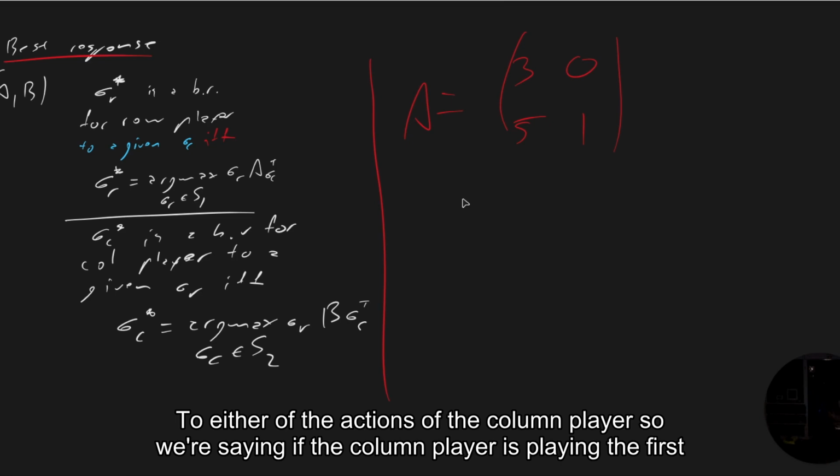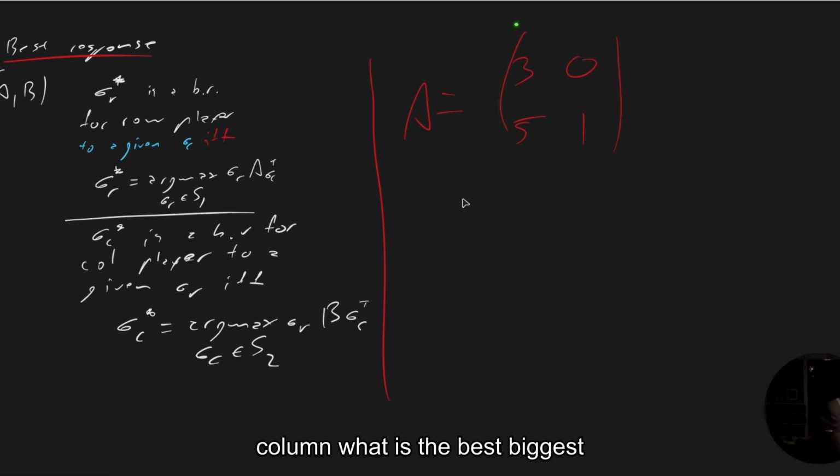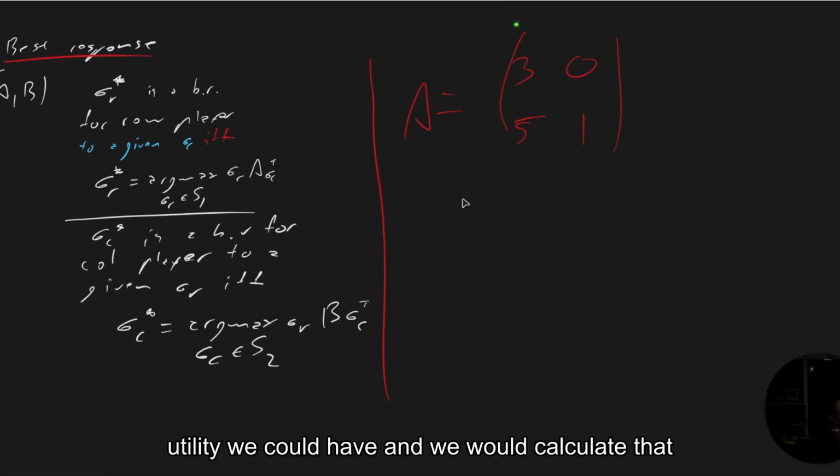So we're saying if the column player is playing the first column, what is the biggest utility we could have?